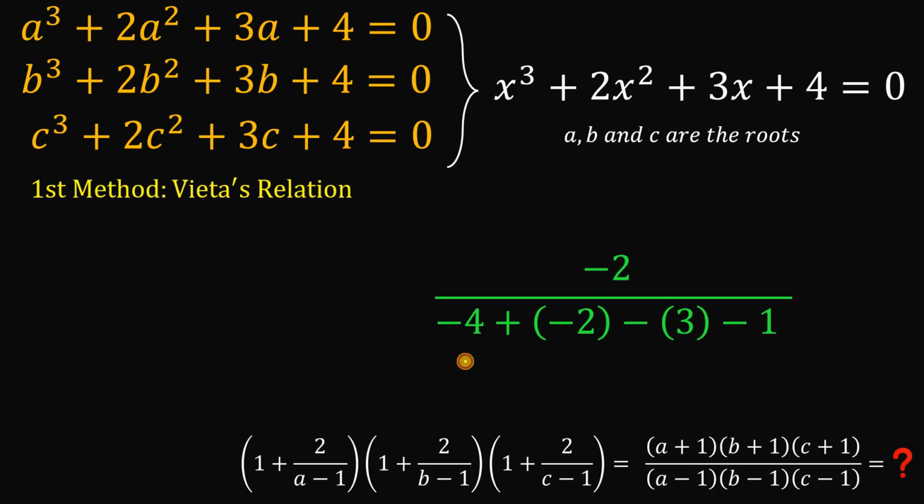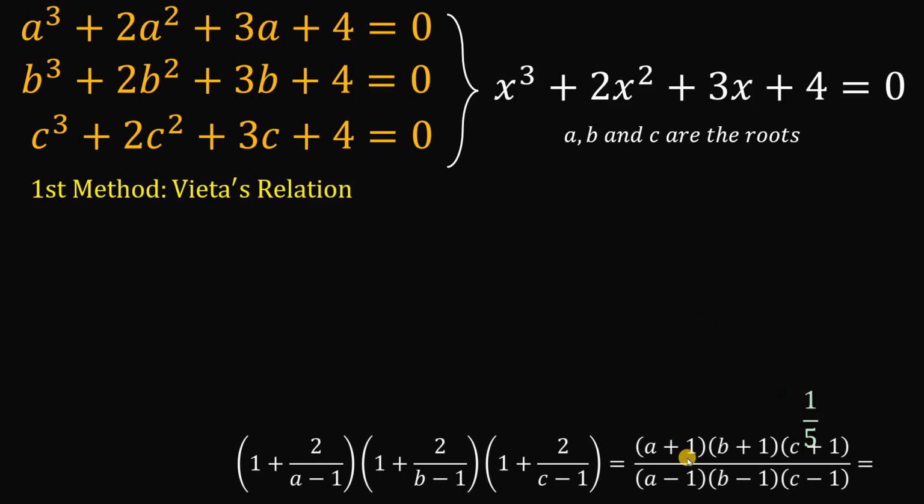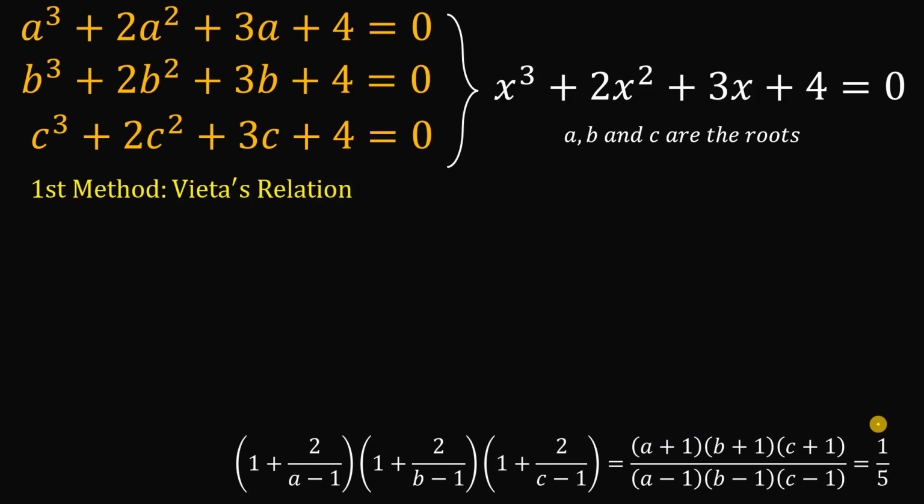And the denominator, negative 4 minus 2 minus 3 minus 1, is just negative 10. Negative 2 over negative 10 is 1 over 5. Therefore, this expression must be equal to 1 over 5, which is the same thing as this expression right over here.